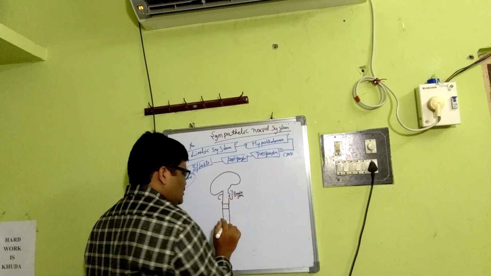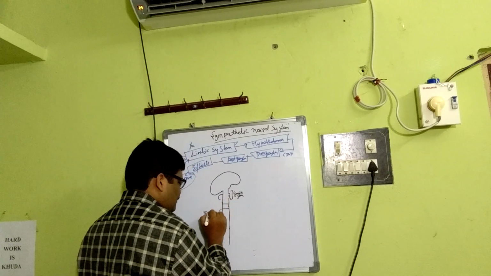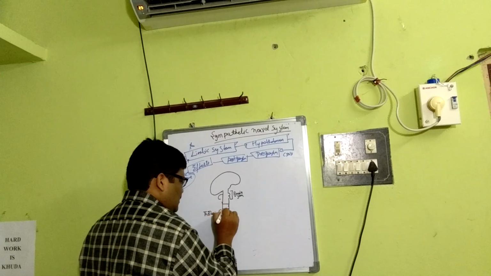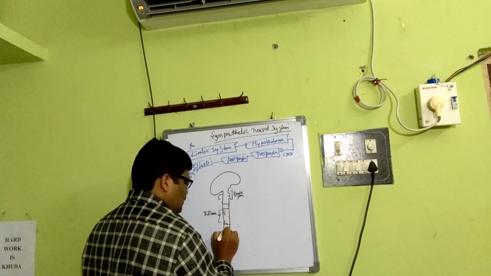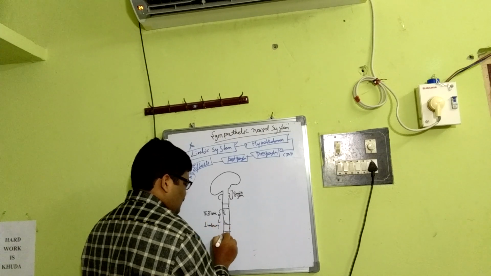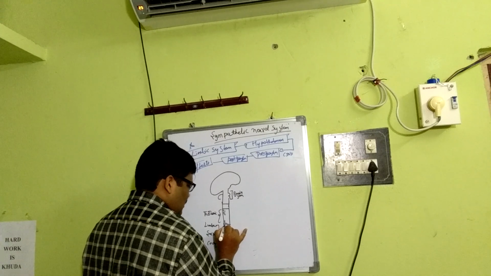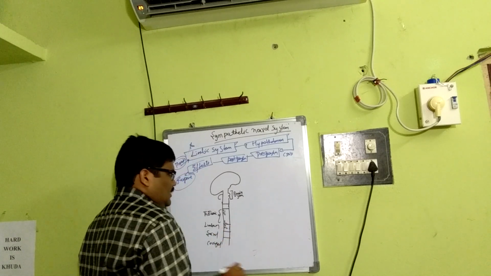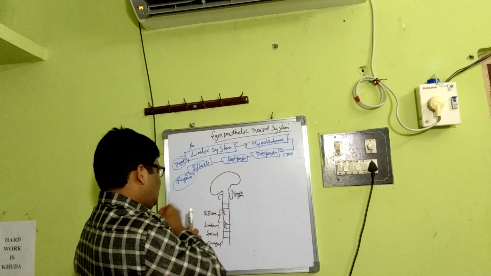I'm not drawing the cervical region. Then thoracic, T1 to T12. Then the lumbar, then the sacral, then the coccygeal. Lumbar L1, L2.